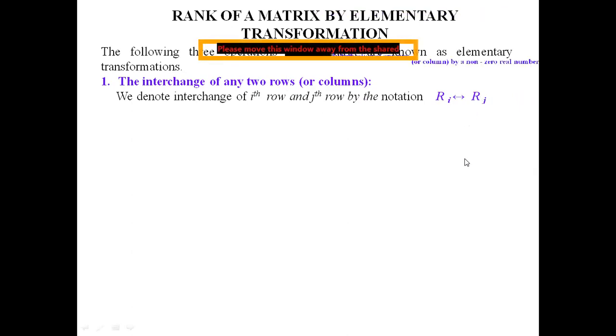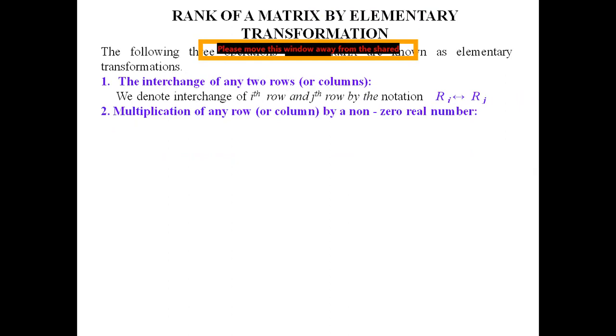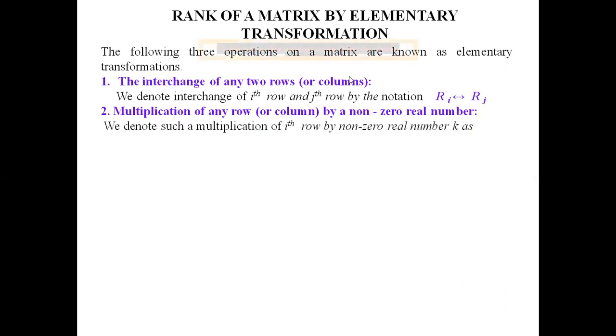Another operation is that you multiply any row of a matrix, or any column, by a scalar, that means by a non-zero real number. It is also called an elementary operation. Suppose we are multiplying the ith row of a matrix by a scalar k.